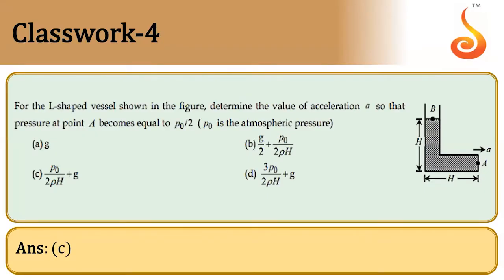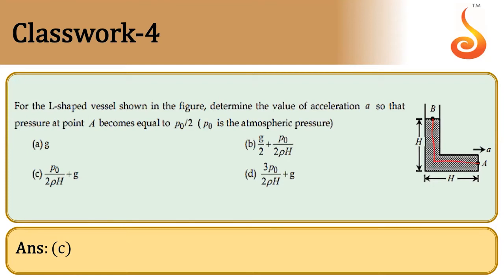So this I gave, right, how pressure varies in an accelerating liquid, how pressure varies with the depth and with the horizontal line. So for the L-shaped vessel shown in the figure, determine the value of acceleration A so that the pressure at point A becomes equal to P naught by 2. Point B is open to atmosphere. So you have to travel from point B to point A like this.